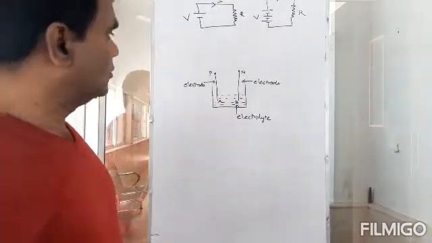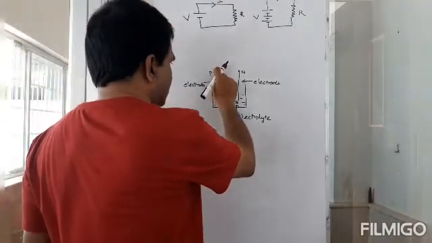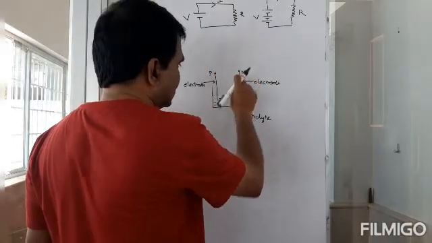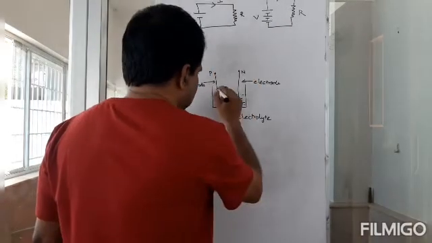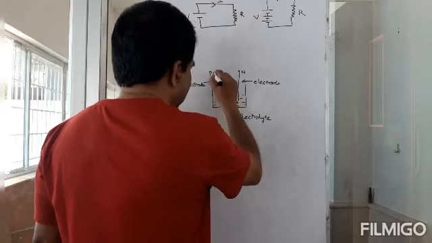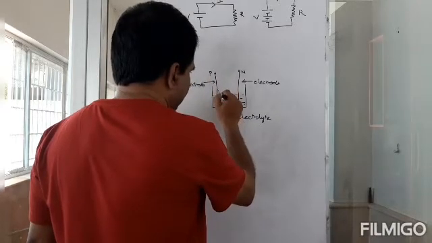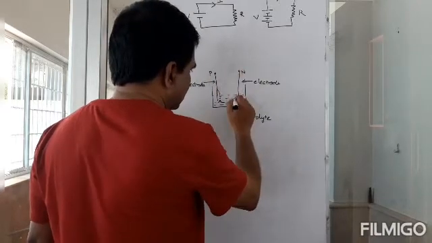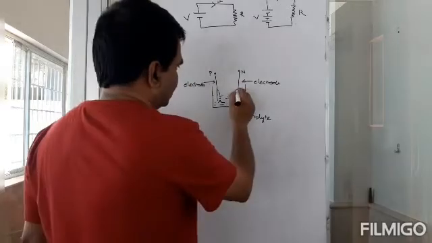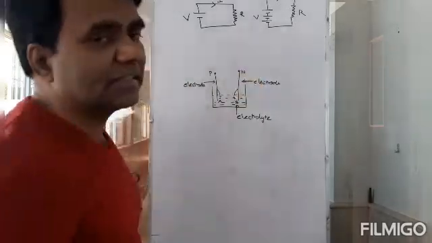So you consider this to be a positive terminal, and this to be a negative terminal. This is positive with respect to this, and this is negative with respect to this.